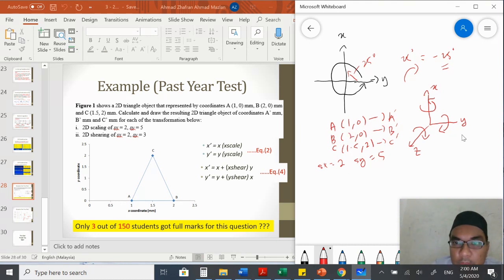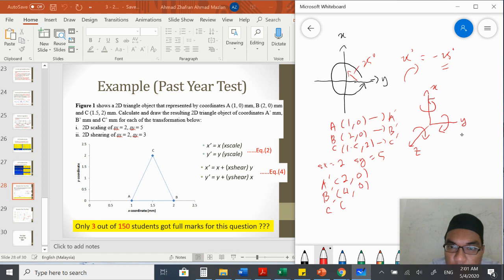For the A dash, 1 multiplied by 2 becomes 2, and 0 multiplied by 5 becomes 0. So this is x dash and y dash. For point B, 2 and 0, 2 multiplied by 2 is 4, and 0 multiplied by 5 is 0. So this is x dash and y dash for the B coordinate.